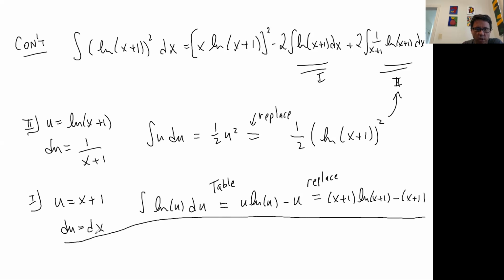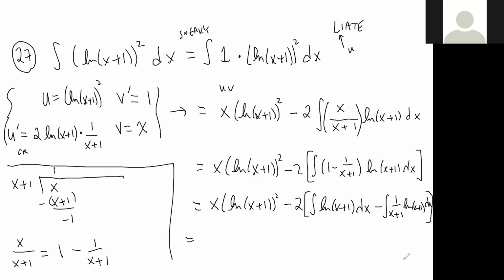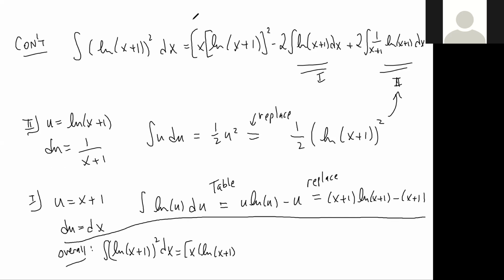So if you haven't fallen asleep yet, the integral of my original problem is going to have 3 parts to it. The first part I got from the original integration by parts, and I think the square is not on all of it, just on the second part.